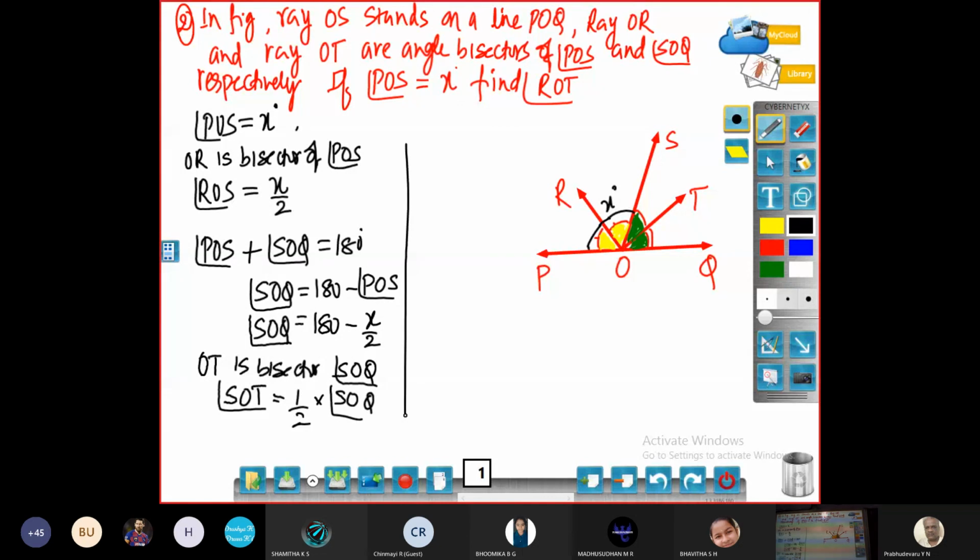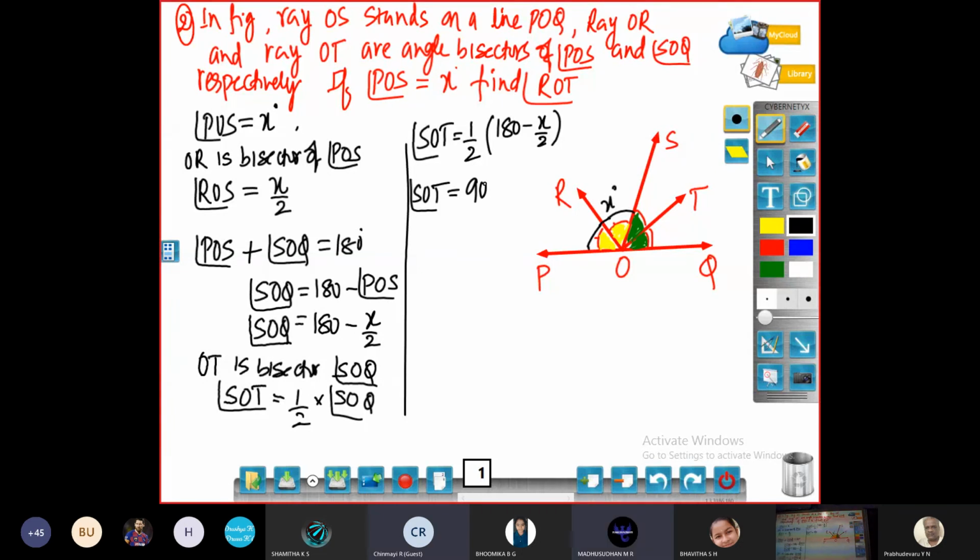SOQ is 180 minus x, so the measurement of SOT will be equal to 90 minus x by 2.